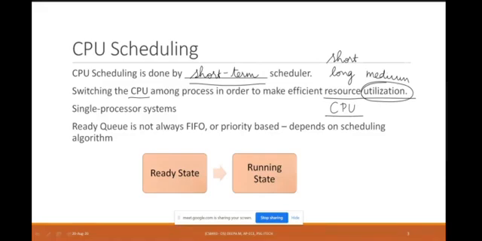Today we are going to see CPU scheduling on single processor systems. In a single processor system, at any point of time, only one process can execute inside your processor. With this in mind, we are going to schedule our processes.